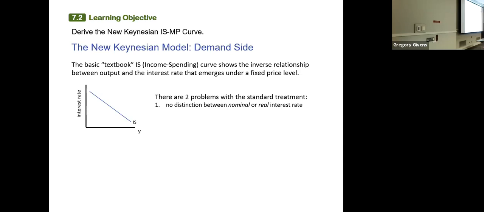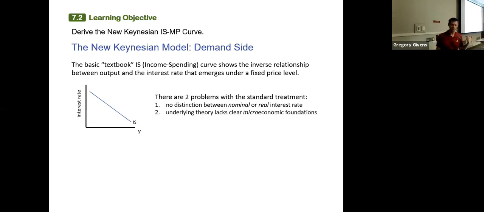Zero, which means the nominal interest rate is always equal to the real interest rate. We don't want to live in that world, right? We want to be talking about changes in inflation over time. So we need a distinction between nominal and real interest rates. We need to depart from the assumption of fully rigid fixed prices. So the traditional IS equation is not going to suffice for us.